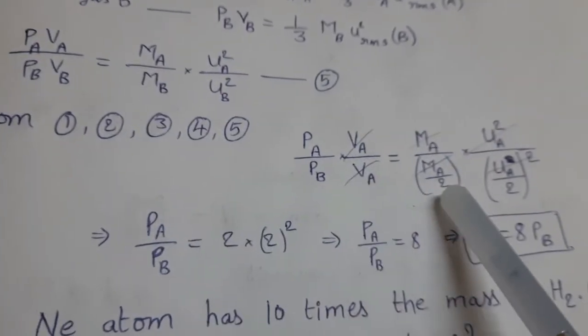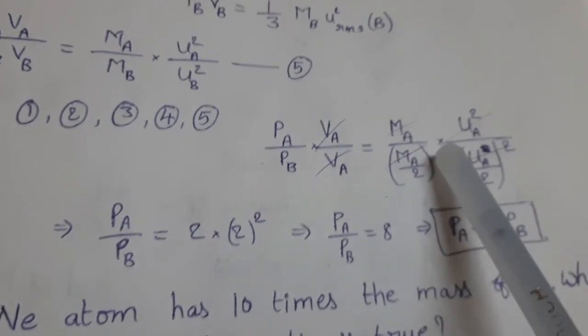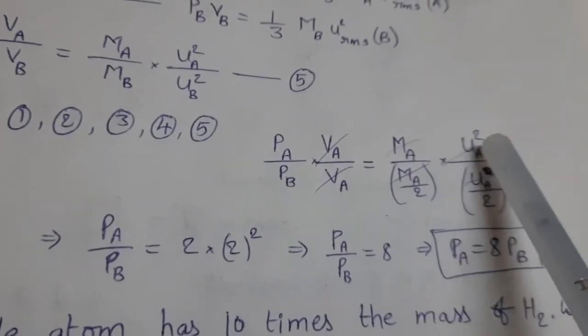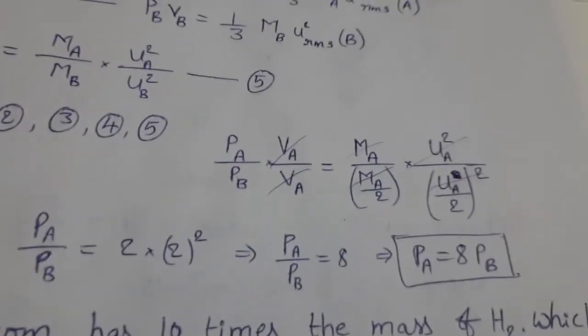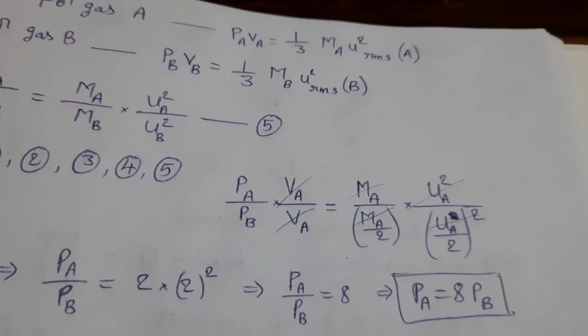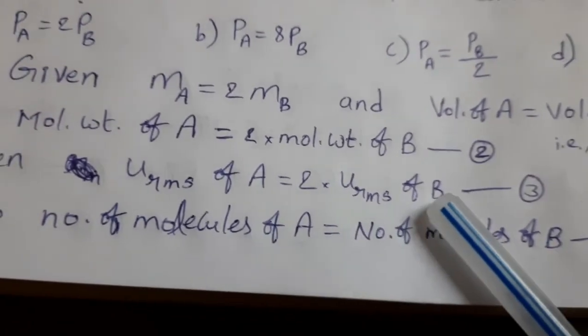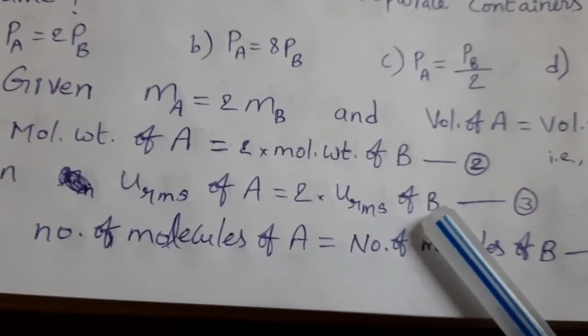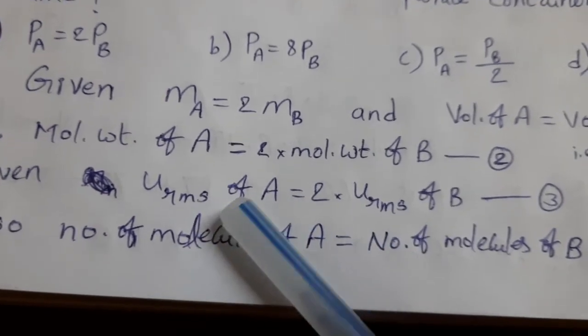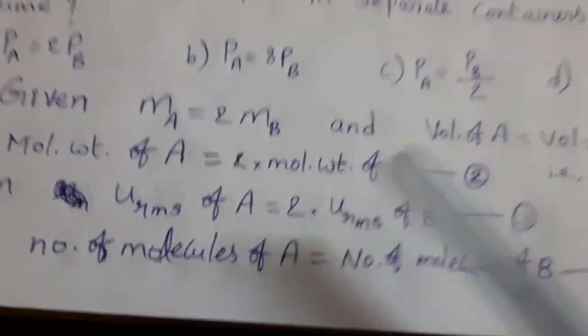So in place of MB, substitute MA divided by 2, into RMS velocity of molecule A, UA square by UB square, where RMS velocity of B equal to RMS velocity of A divided by 2.